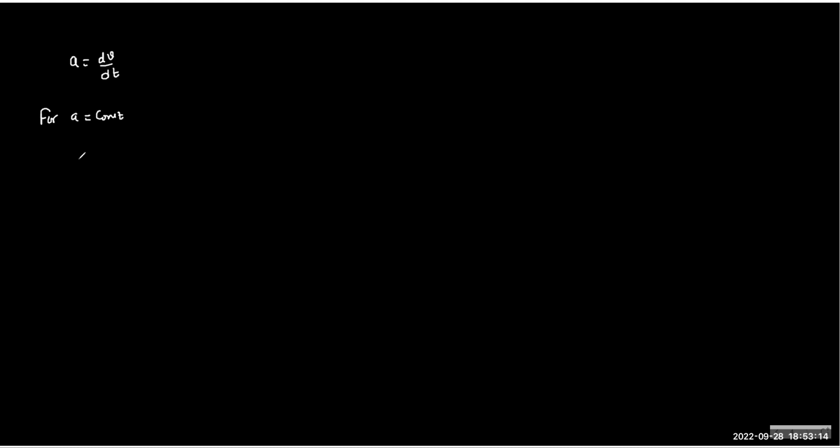Tell me, common sense, which kind of graph represents the constant change? What do you differentiate to get a constant value? What kind of function upon differentiation gives you a constant? Can you guess?